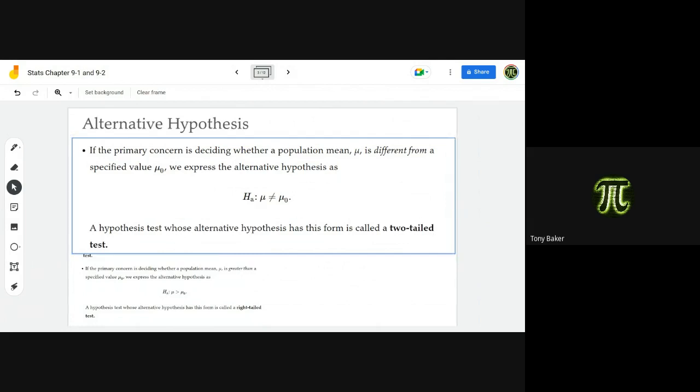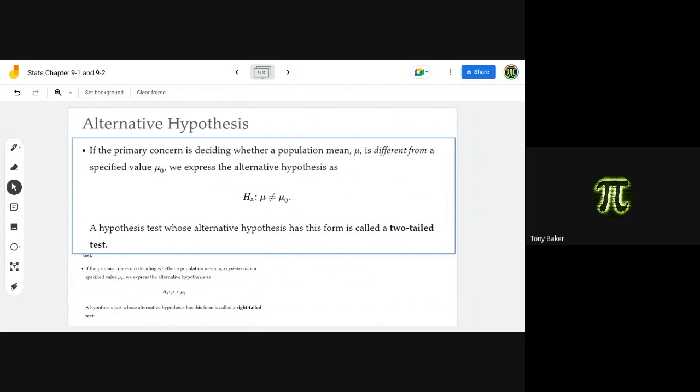So if we're just trying to show that it is different than the null hypothesis, okay? So we're saying the null hypothesis is wrong. We're not saying lesser, greater than, we're just saying it's wrong. My alternate hypothesis is that the mean does not equal the null hypothesis.